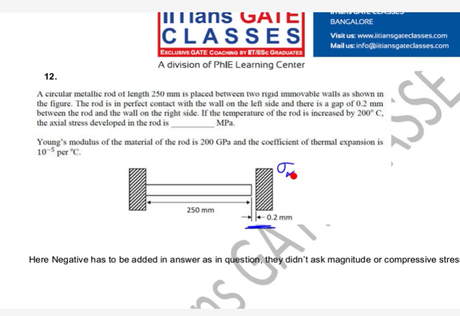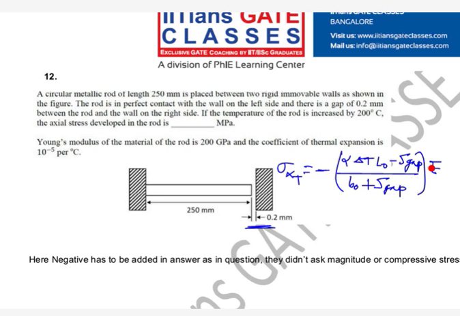Sigma x thermal will be minus alpha delta T, L naught minus delta gap, upon L naught plus delta gap, into E.